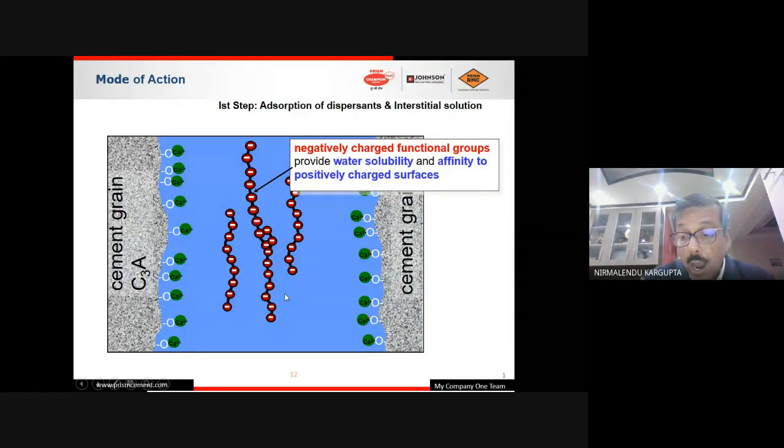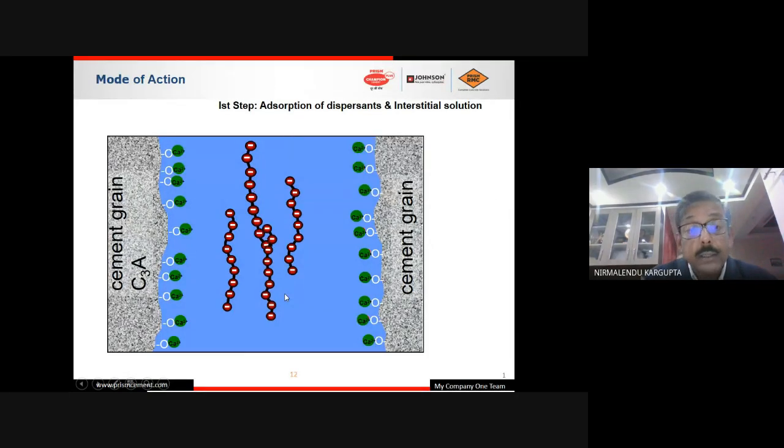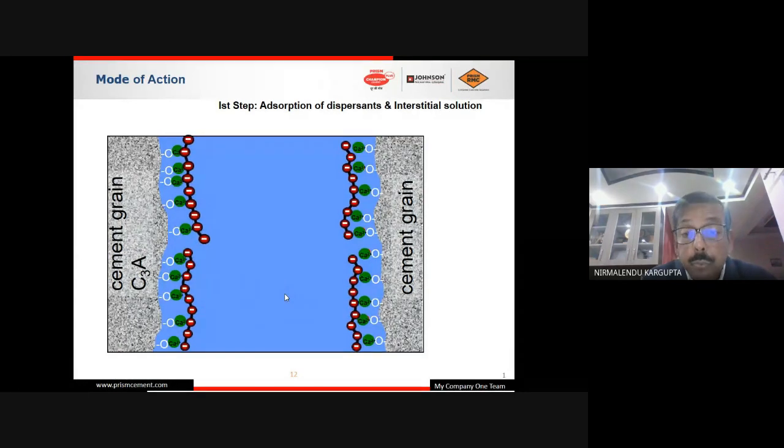Now see how the adsorption takes place. No molecule goes inside the cement particle. All are sitting on the cement particle and imparting negative charge to it. Nowhere is the positive charge left; everywhere the cement particles are negative.